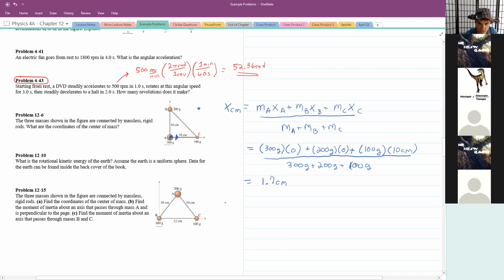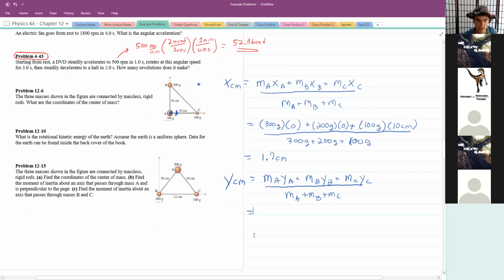Now let's do the same thing for Y. It's going to be MA YA plus MB YB plus MC YC over MA plus MB plus MC. In this case, mass of A is still 300 grams. What is its Y position?